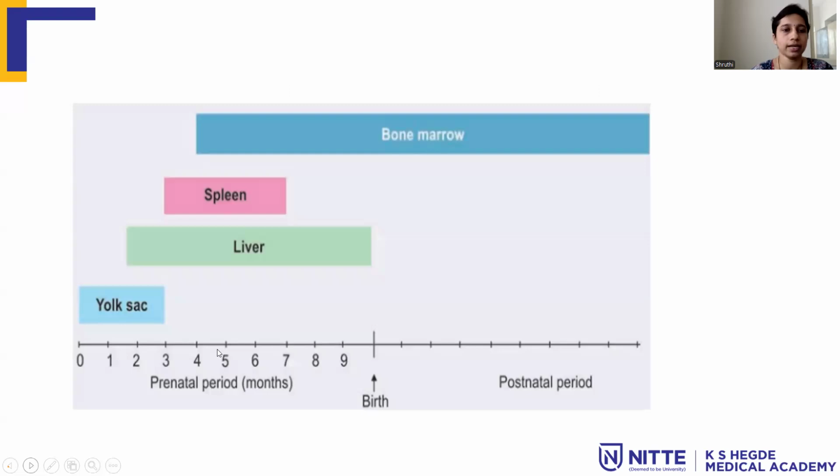As you can see here, in the prenatal period, hematopoiesis begins in the yolk sac, followed by spleen and liver. By birth, there is a little bit of hematopoiesis taking place in the liver and the spleen also. But by around the third month, hematopoiesis begins in the bone marrow, which continues even after birth.